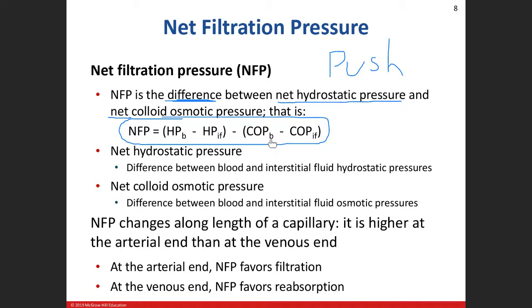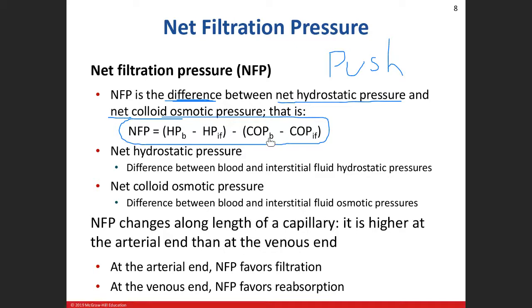And we just learned that there's two components for each of those pressures. For the hydrostatic pressure, we have the pressure being exerted on the blood vessel wall from the inside, pushing out, and then the pressure being exerted on the blood vessel wall from the outside, pushing in. Then we take the difference of that. Then we have our oncotic pressure, or colloid osmotic pressure.